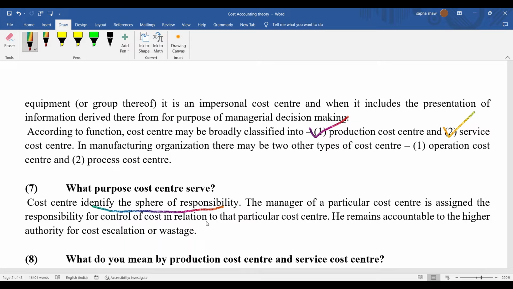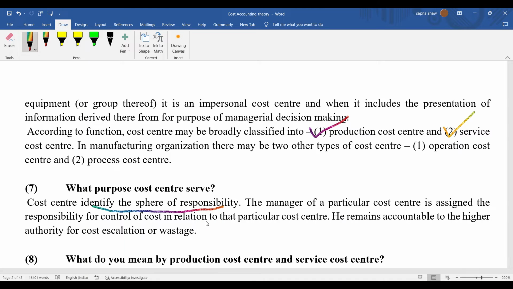So different responsibilities are assigned to different groups of people. Once responsibility is given to a particular person, it is easier for us to identify the problem and to point out exactly who is the reason the problem is happening.